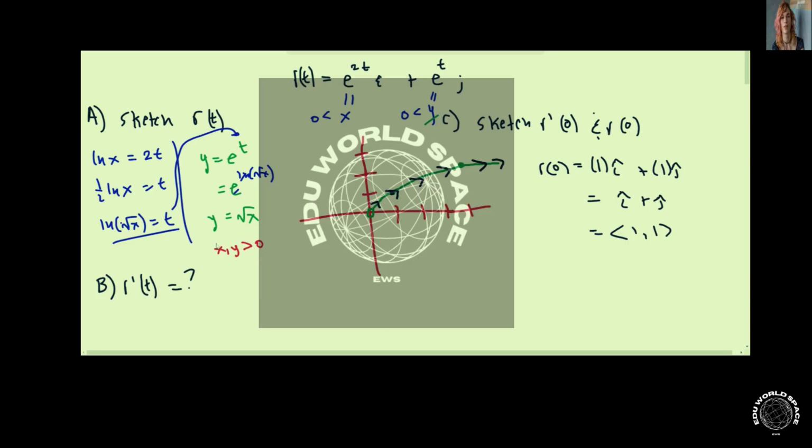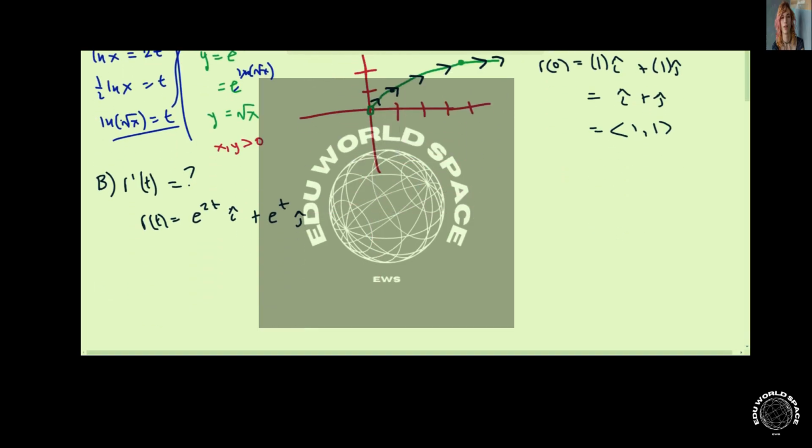Now, the next thing we want to do is go ahead and find the derivative. So we're just going to take the derivative of each of these components. So let me just write this out down here. r of t is equal to e to the 2t i plus e to the t j. Now, if we take the derivative of this with respect to t, we have r prime of t is equal to d by dt of e to the 2t, and then we can pull out that i hat because it's just a constant, plus d by dt of e to the t, and then we pull the j out because it's a constant.